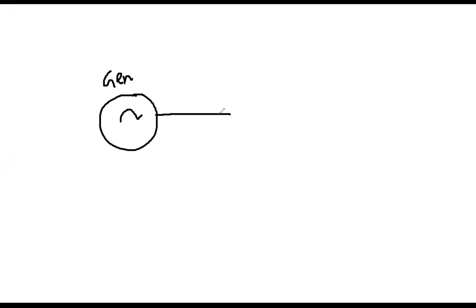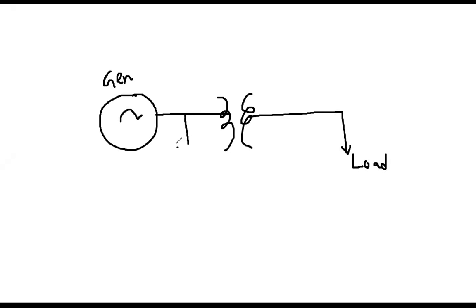I'm just drawing online. It is called a single line diagram. And you have a transformer here, and then it is going on, and then the load is connected. This is the load. And here is that capacitor. This is the capacitor.